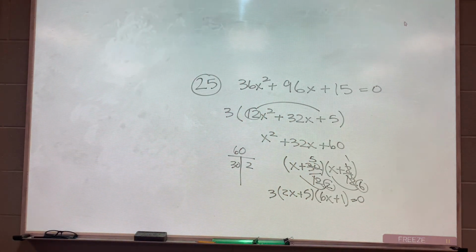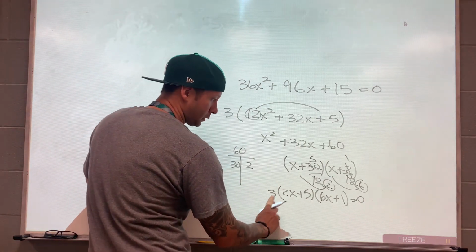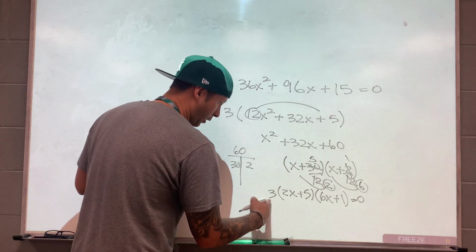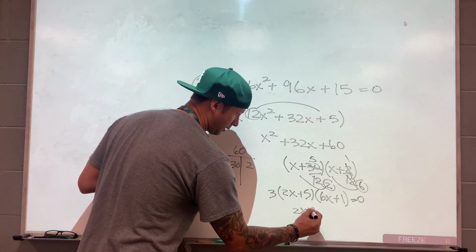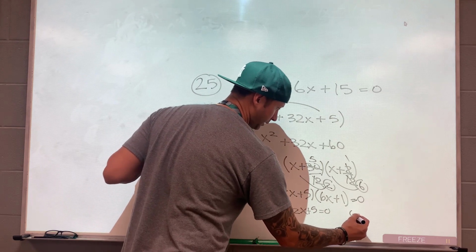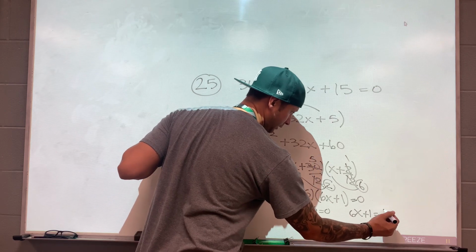All right, equals 0, because we're solving. So set each of those terms equal to 0. I'm not worried about the 3, because once one of these is 0, it's going to cancel that 3 out. So it's going to be 2x plus 5 equals 0, 6x plus 1 is equal to 0.